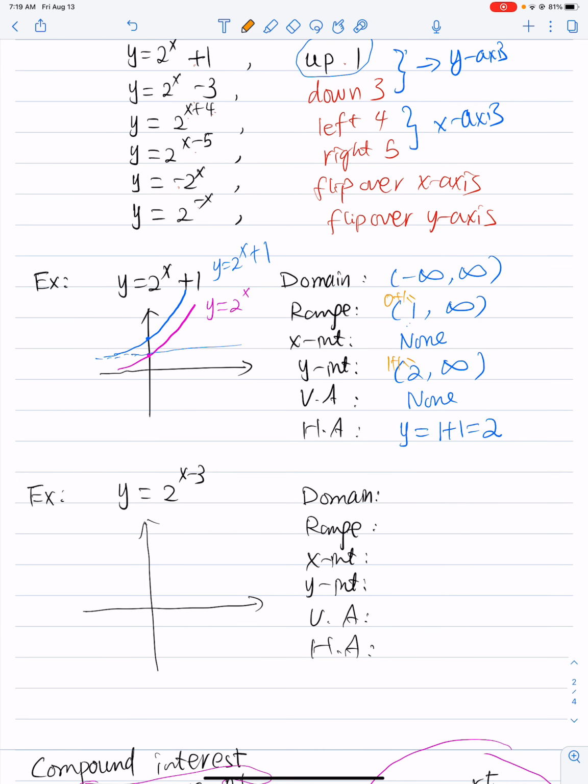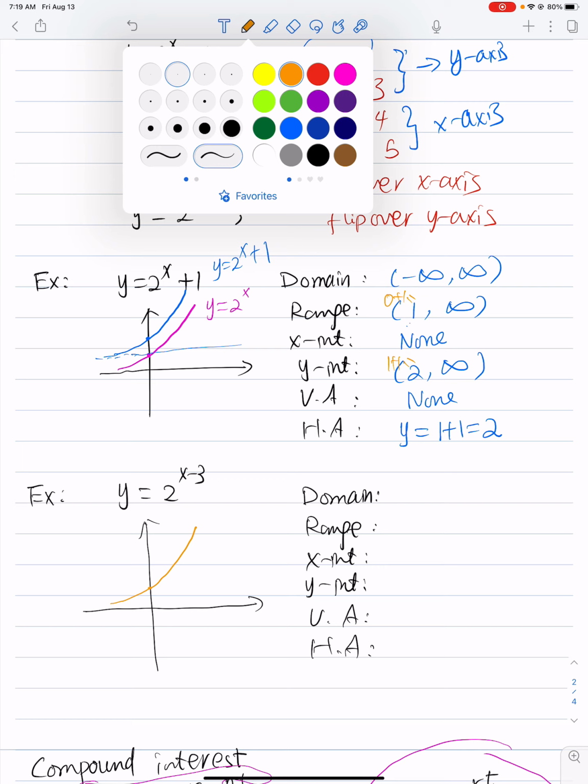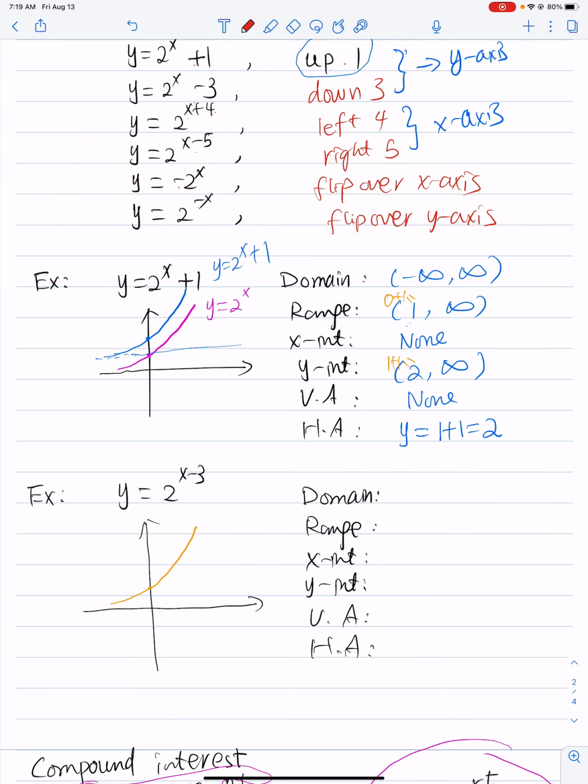Okay, so 2 to the power x minus 3. Minus 3 means to the right by 3. 1, 2, 3. So like this.